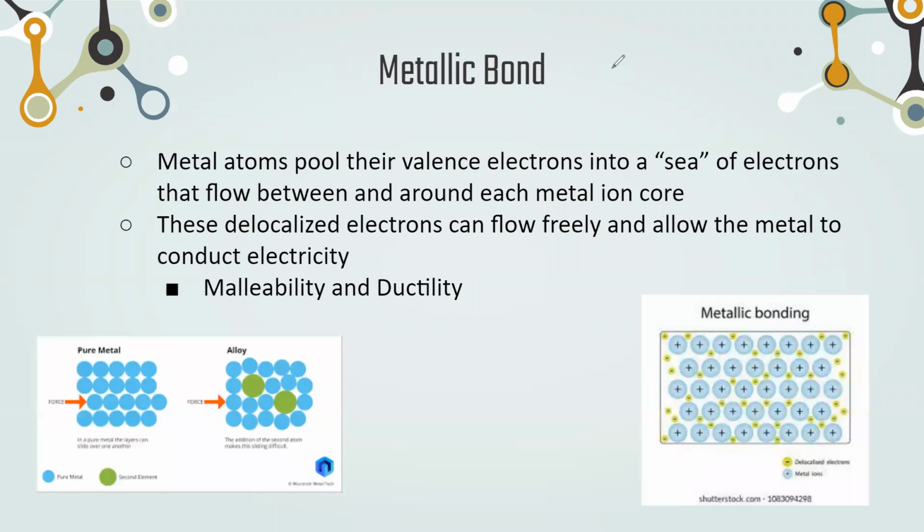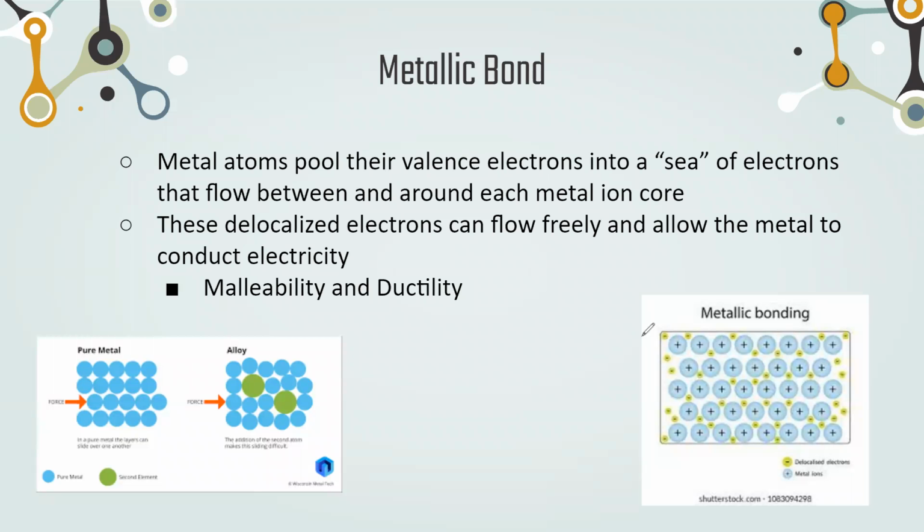Metallic bonds, we're not going to spend a whole lot of time on metallic bonds in this class, but basically metals are special. They don't act like everything else when they bond with one another. They're actually going to pool their valence electrons into what we call an electron sea, and they can flow and move freely between each metal ion core. So you're seeing that here in this diagram on the bottom right.